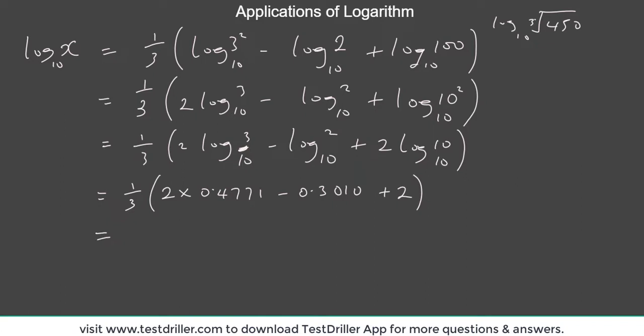So now we can simplify further by just doing basic calculation. So that becomes 1 over 3. Then we have 2 times 0.4771. So this will give us 0.9542. Okay, this 2, this is 4, and this is 5. So minus 0.3010 plus 2.